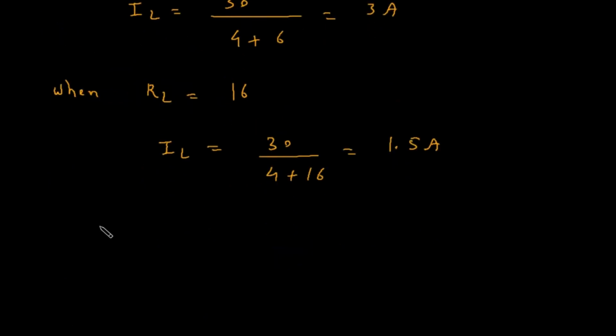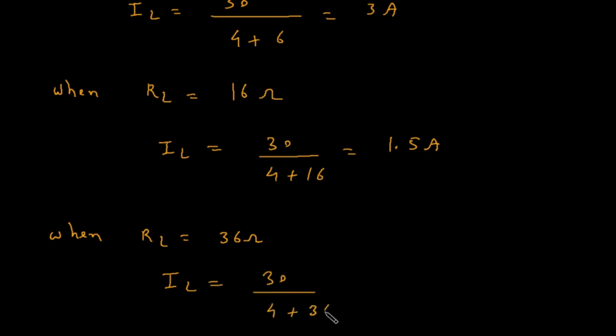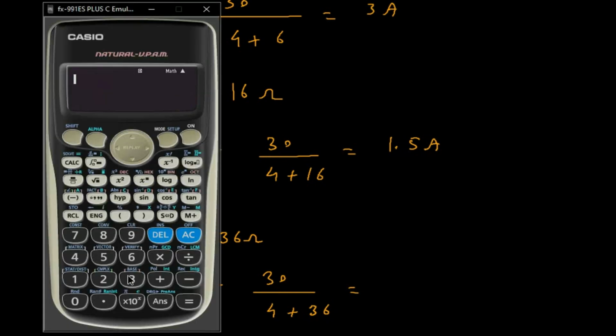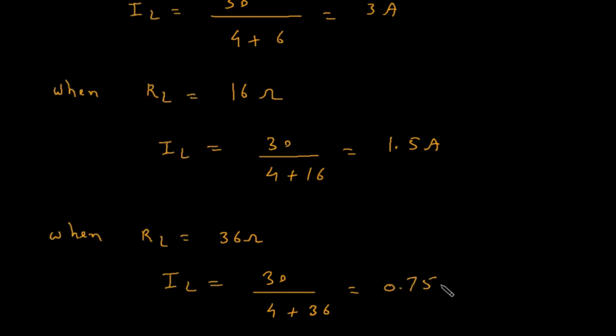Then when RL is equal to 36 ohm, then IL is equal to 30 by (4 plus 36). So this will be 30 by 40, which is 0.75 ampere.